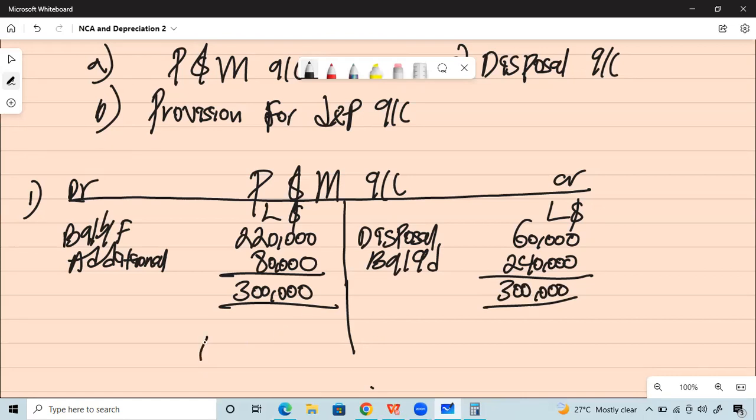And the next one is provision for depreciation account. Credit and debit.